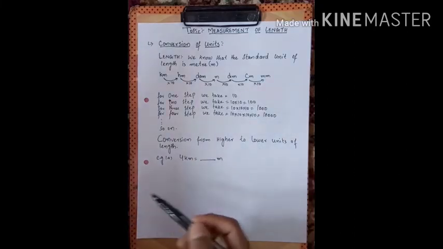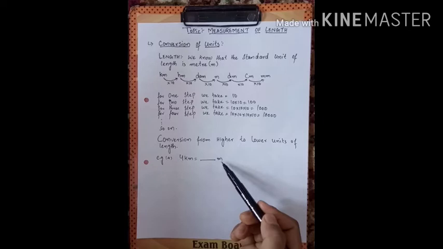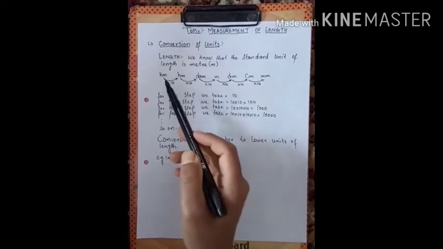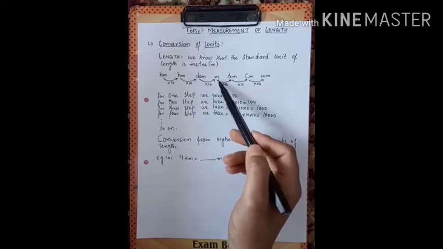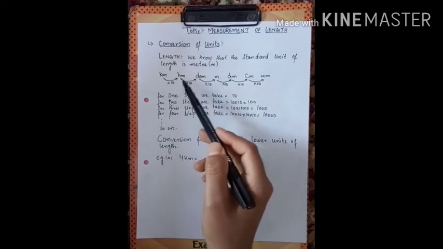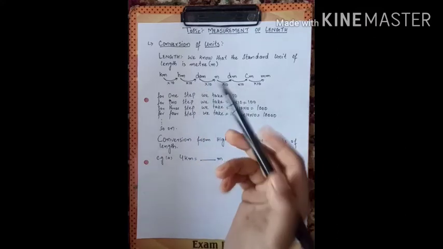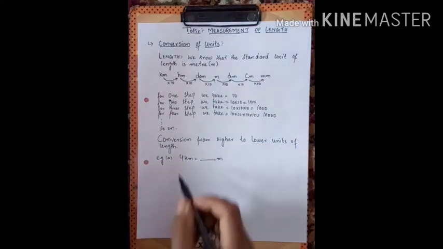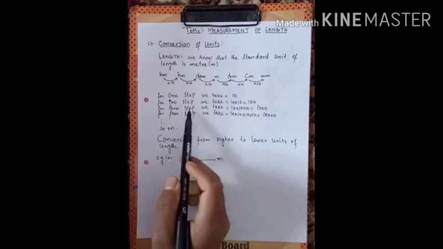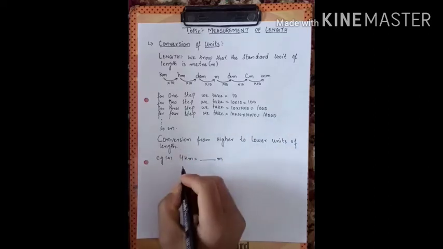How many steps are between kilometer and meter? See here, this is kilometer and this is meter. There are three steps, that is 1, 2 and 3. So for three steps we take 1000.